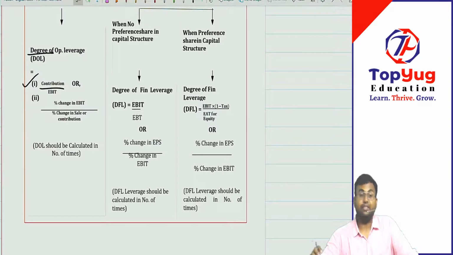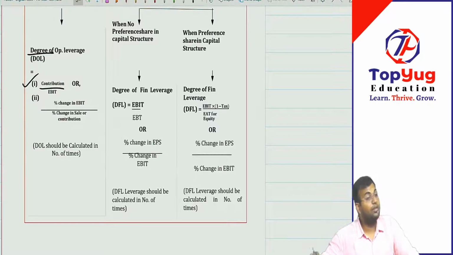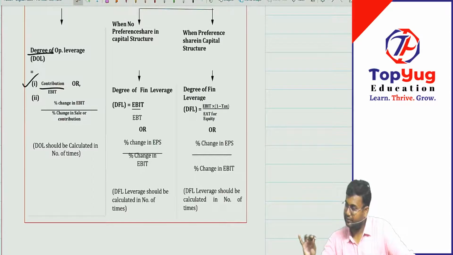Yes. What does it say? If it is simple formula, as I told you, tax is not a finance cost, right? So general formula for the financial leverage would be EBIT by EBT. Simple.